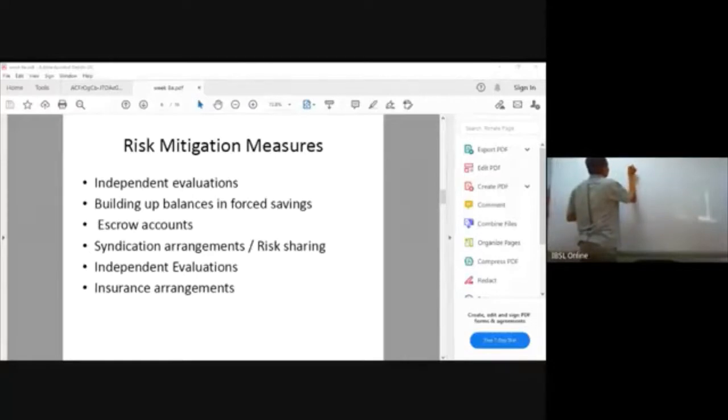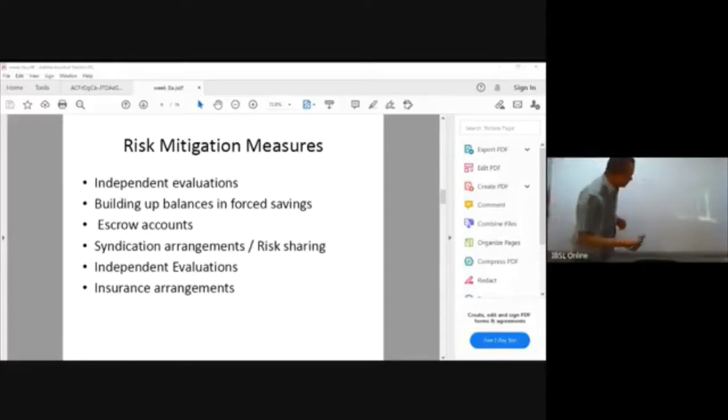We call it DTAP, decreasing term assurance policy. Do you know what is a decreasing term assurance policy?